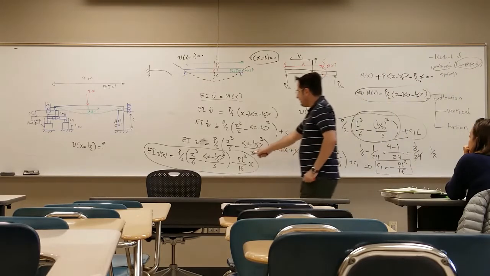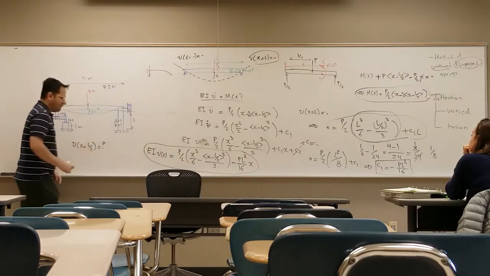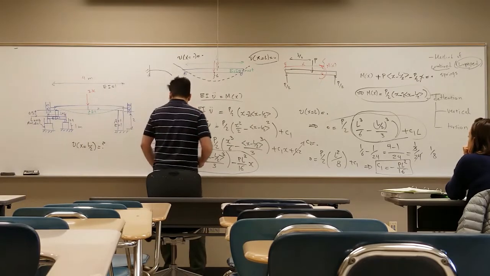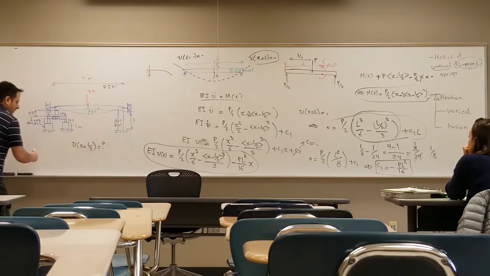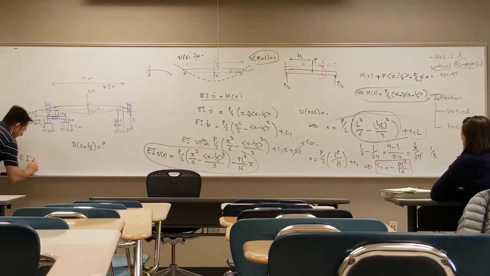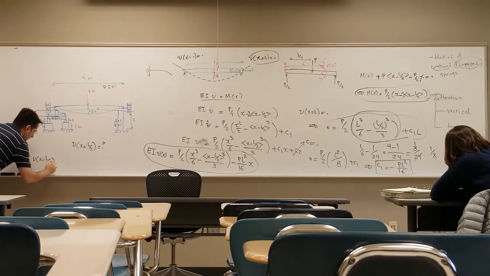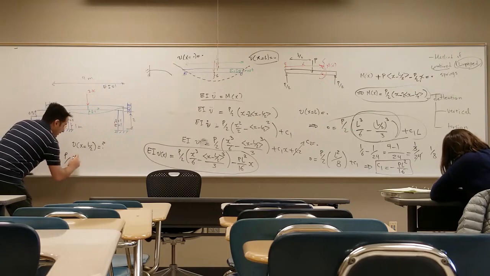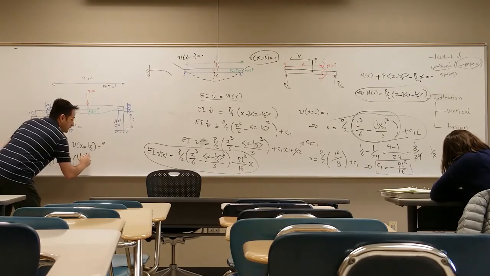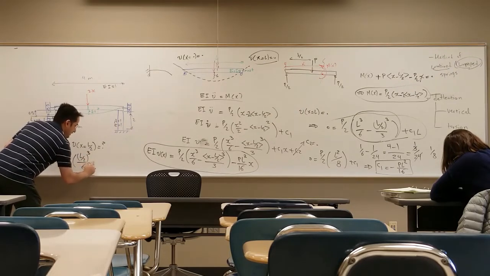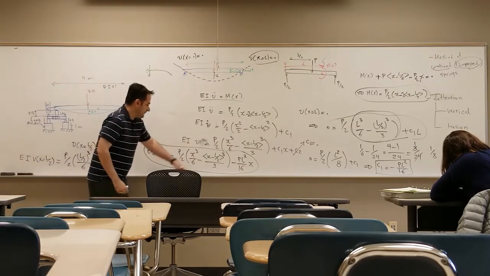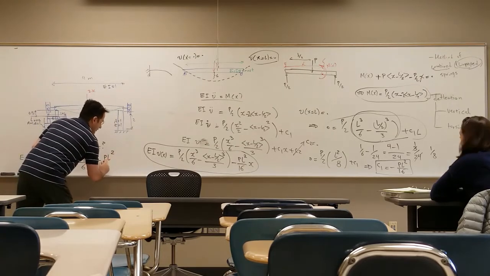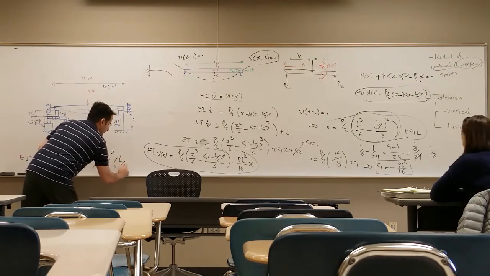So evaluate this at x equal to L over 2. What do you get? So you get EI times the deflection is equal to P over 2 times L over 2 cubed over 6, minus, this term is 0, right? Minus PL squared over 16 times L over 2.